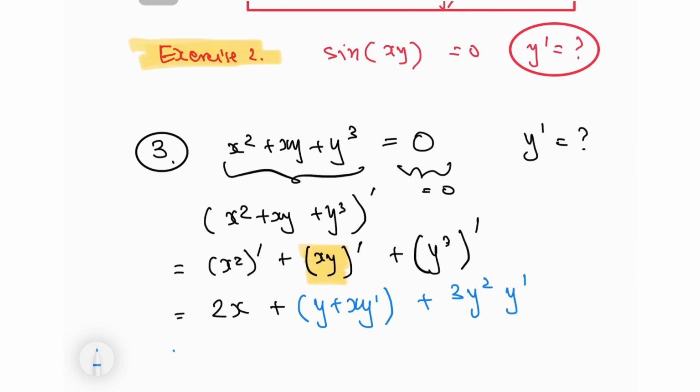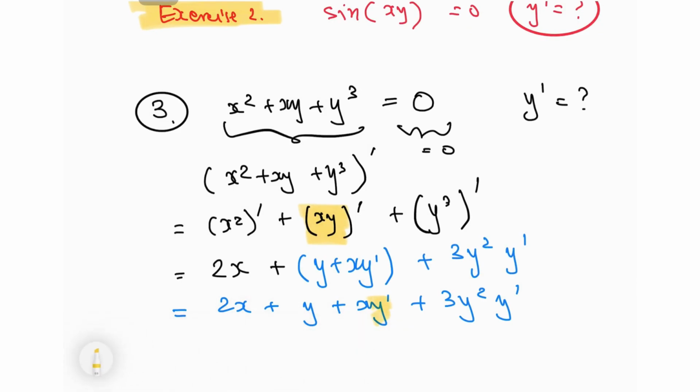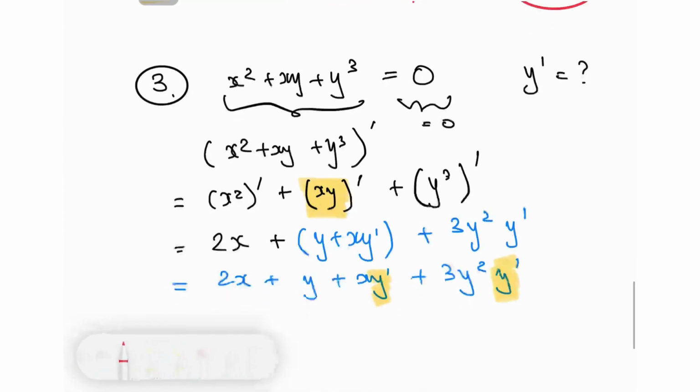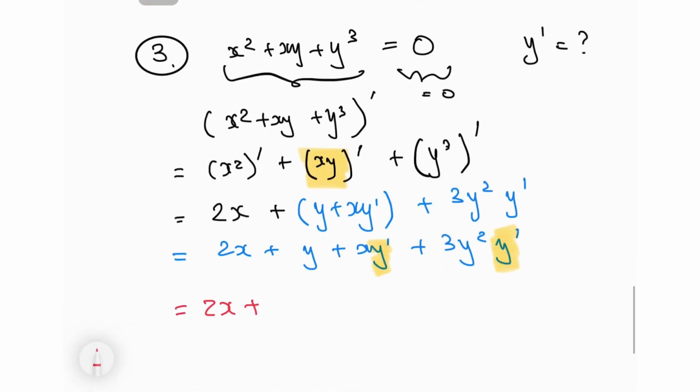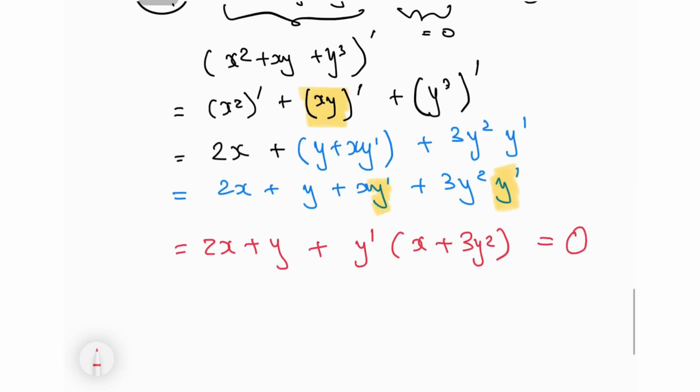Now we can do the following: 2x plus y plus xy prime plus 3y squared y prime. Here we are going to take y prime and factor out, so that will be 2x plus y plus y prime times x plus 3y squared, and that's everything equal to 0.